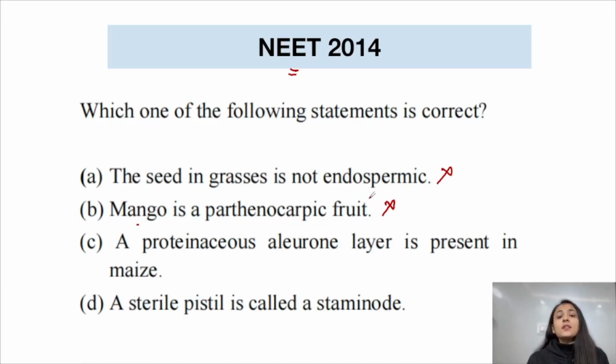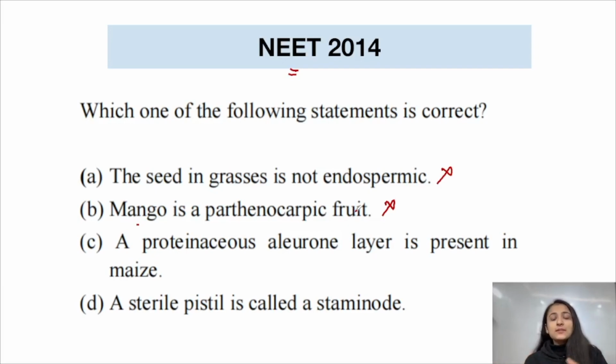Parthenocarpic fruits are those where the ovaries are not fertilized, and unfertilized ovaries develop into fruits. But in mango, fertilization takes place. The ovaries are fertilized. The pollen grains, the male gametes, enter the embryo sac, fertilization takes place, then seeds form, fruits form.